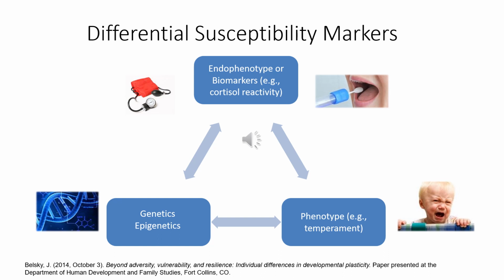And then we'll also look at studies that use phenotype as a measure of differential susceptibility, with basically babies who are more irritable or more easily startled or more easily frustrated, kind of higher emotionality, as indicative of orchids.